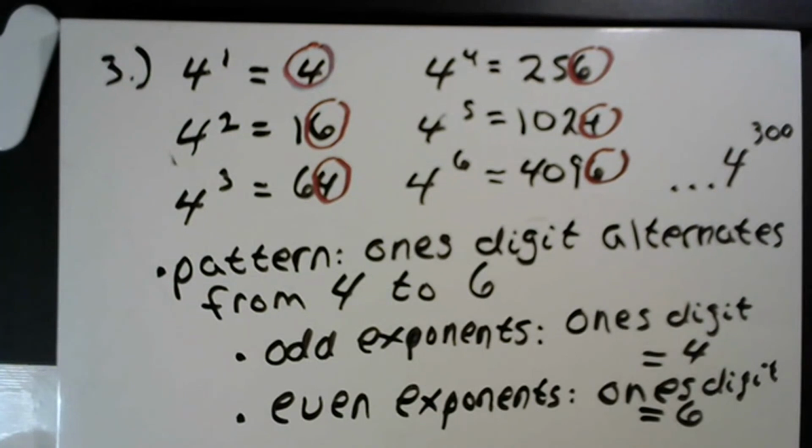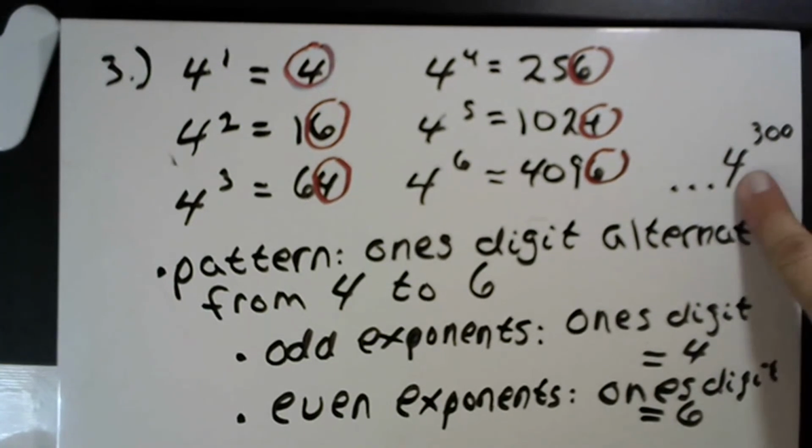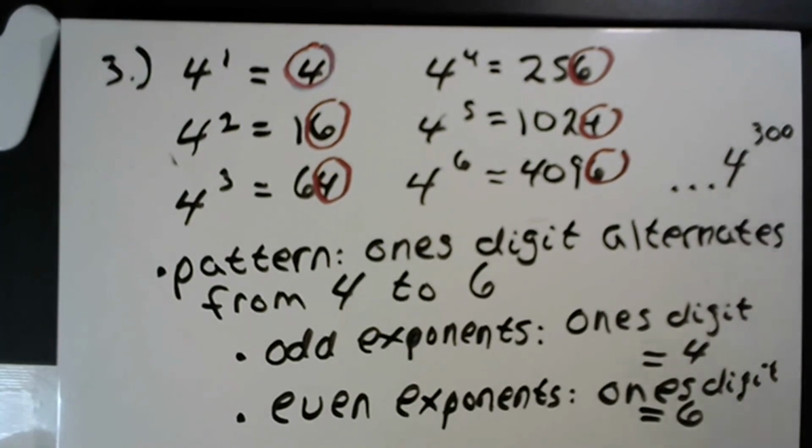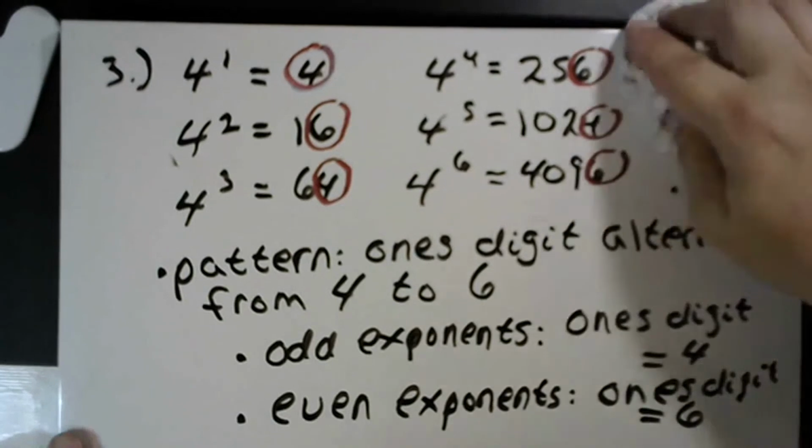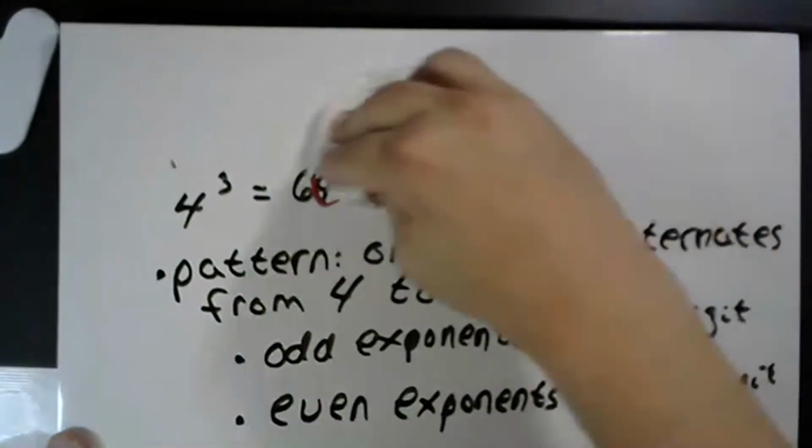So when we go to 4 to the 300, 300 is an even number.